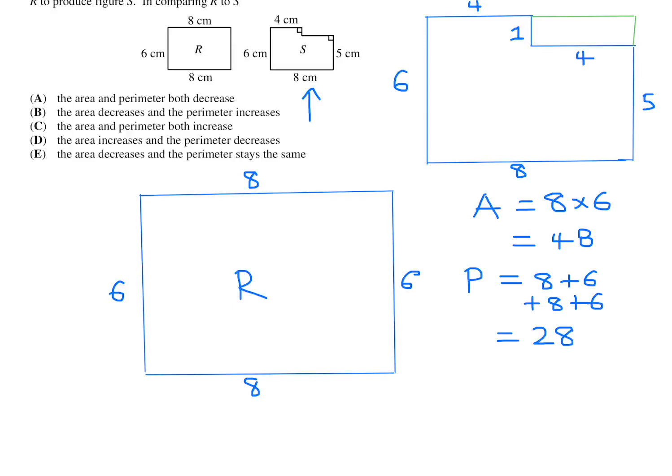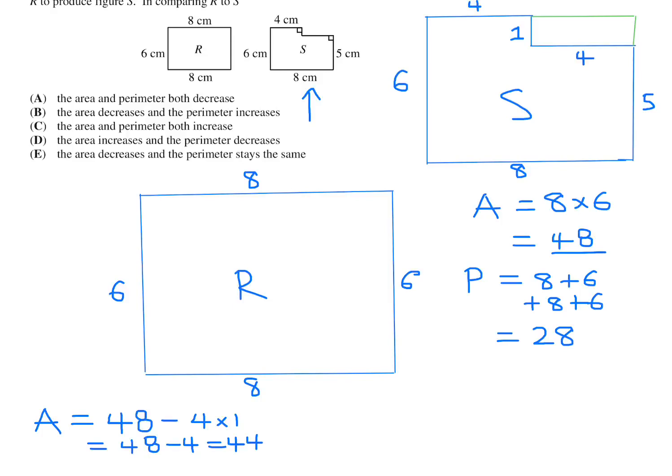So now, like we did with this one, we'll calculate the area and the perimeter. Well, the area of this S is the total area, which is 48, minus the area of the small piece. And the area of the small piece is length times width, which is 4 times 1. So this is going to be 48 minus 4, which is 44.